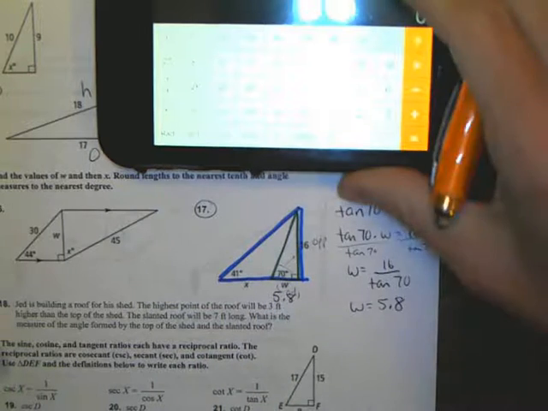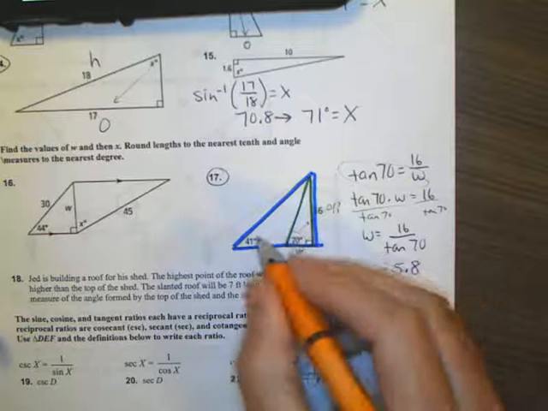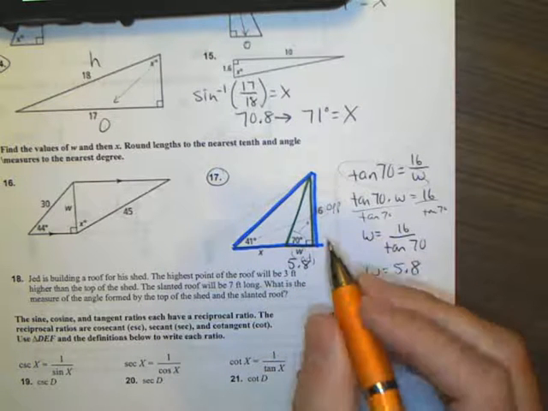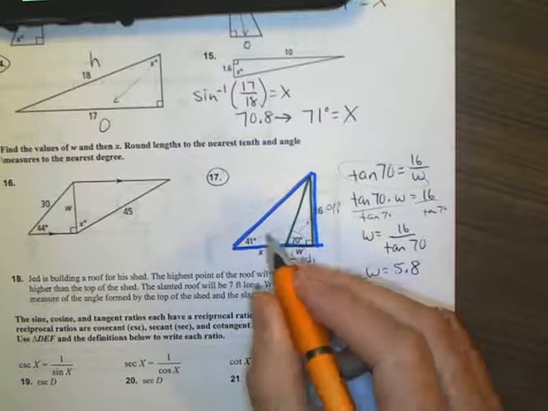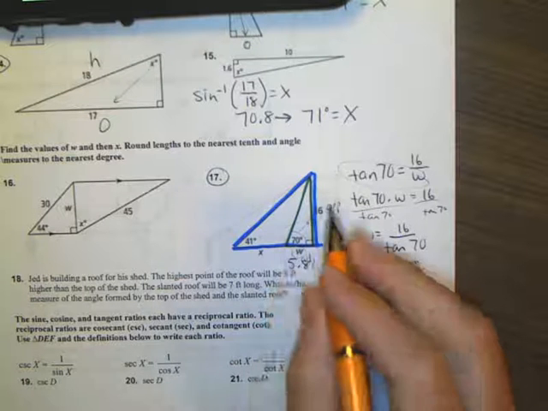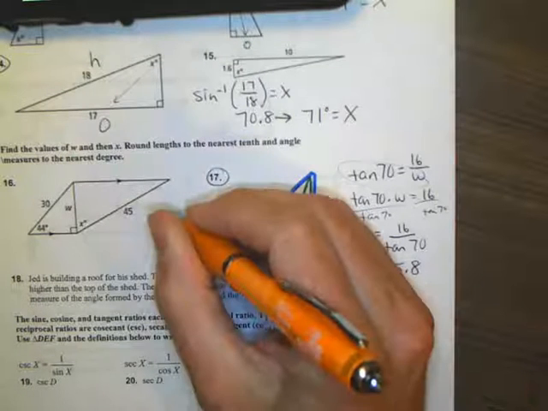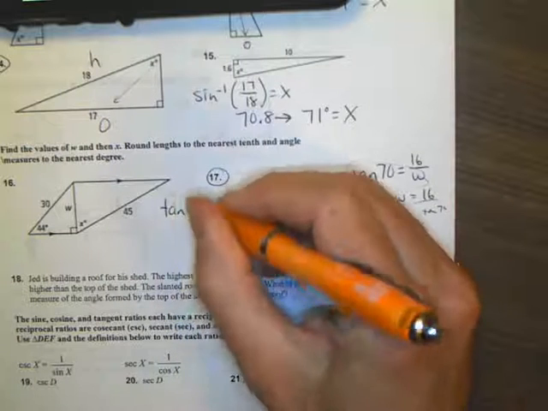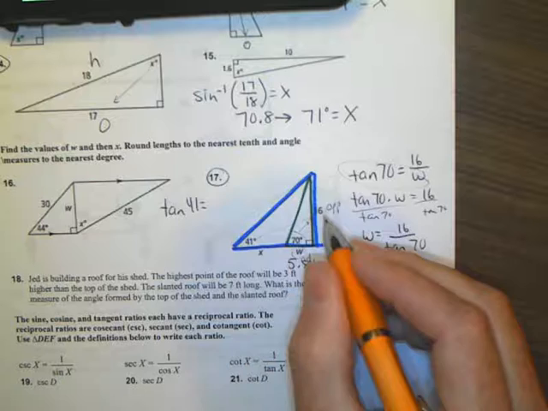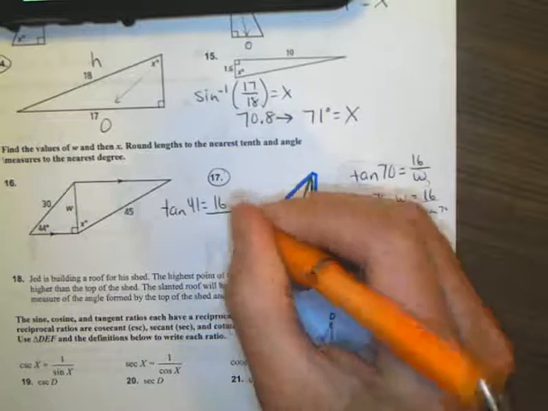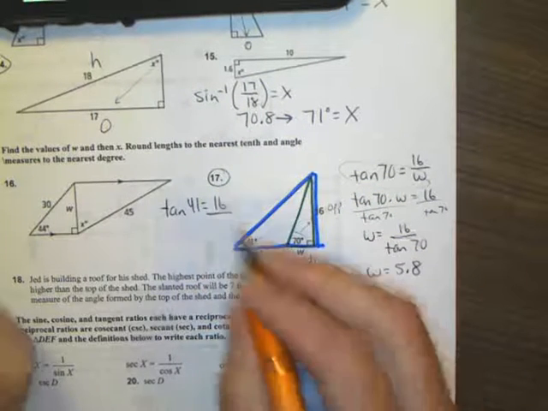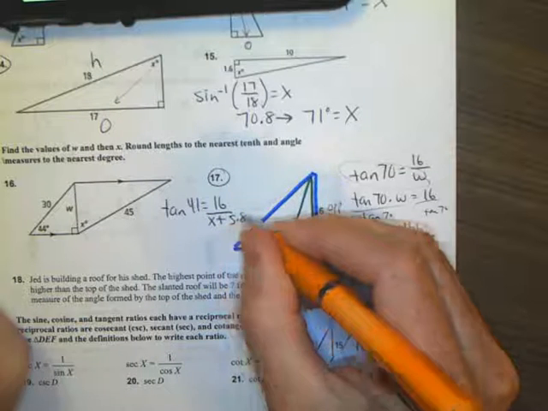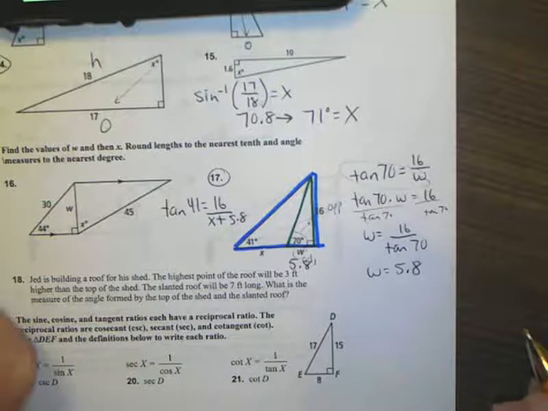Looking at this one, I have an opposite, and my adjacent is just a little different. So my tangent of 41 is going to be equal to my opposite, which is still 16, over x plus 5.8.